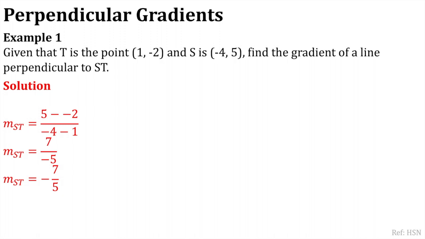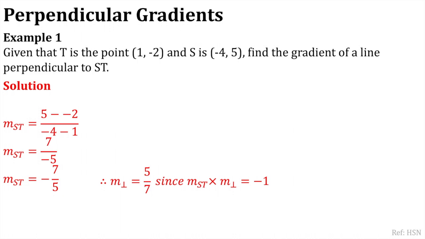Now, if we know that that is the gradient of ST, we are looking to find the gradient of a line perpendicular to ST. We use this wee symbol here to denote the perpendicular. So the perpendicular gradient here is 5/7, since the gradient of ST multiplied by the perpendicular gradient is equal to negative 1. This is a statement that we need to use in Higher.